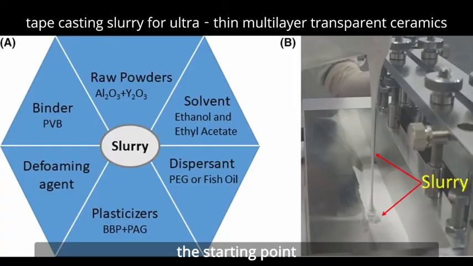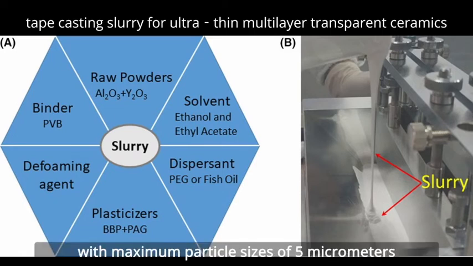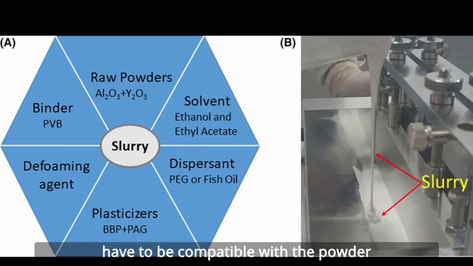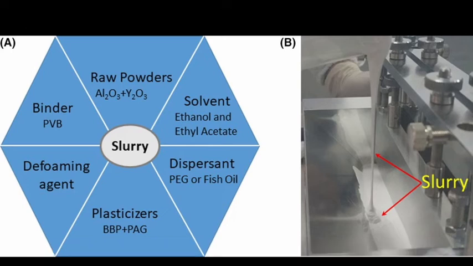The starting point for the tape casting process is the powder. In general, the powder is very fine, with maximum particle size of 5 micrometers. This is the active component of the final product. And the other contents, such as binder materials and solvents, have to be compatible with the powder.